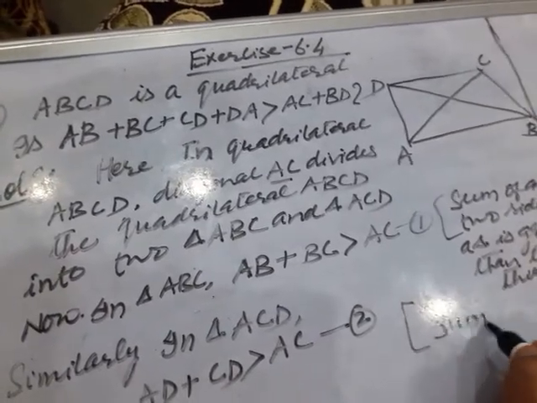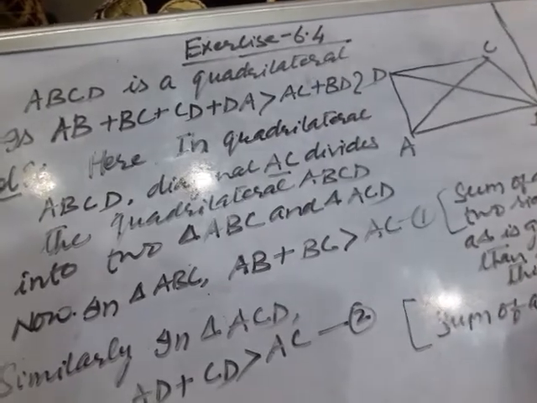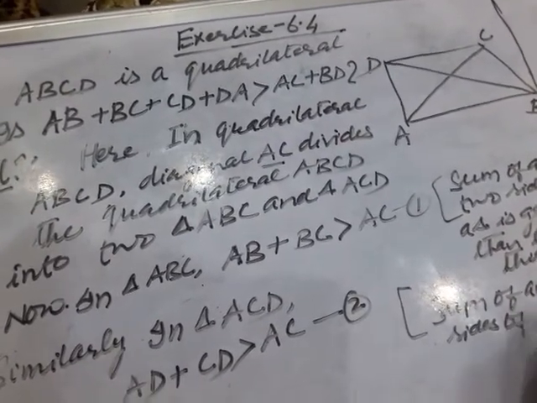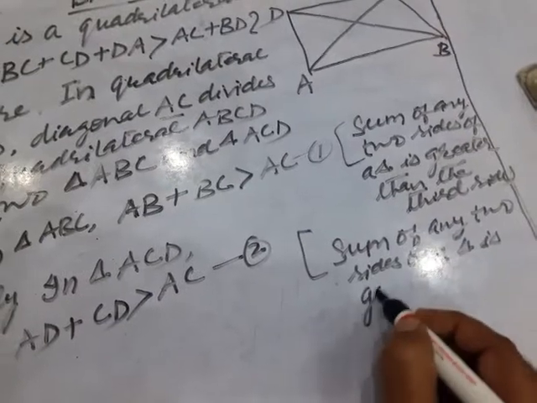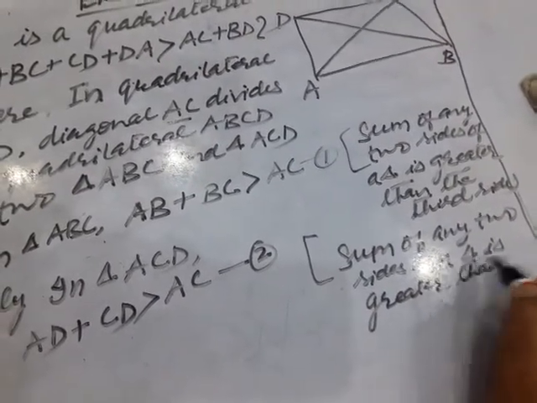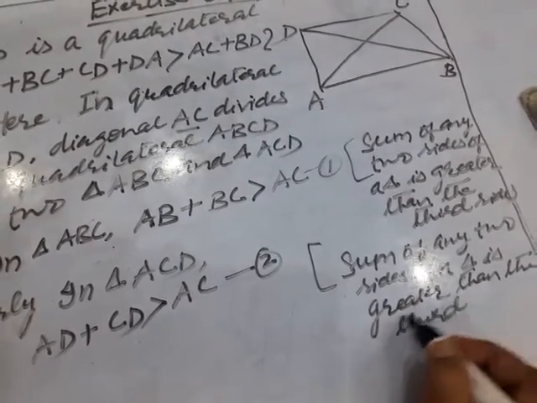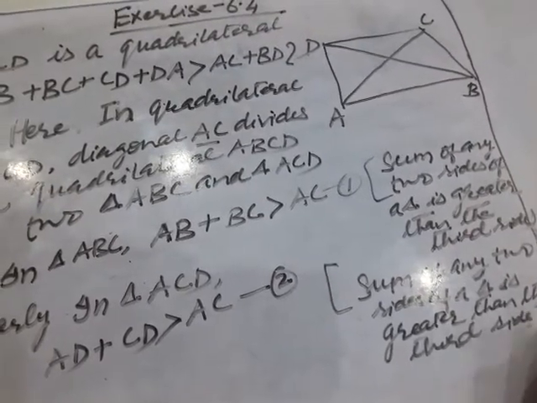The sum of any two sides of a triangle is greater than the third side. Okay, children.